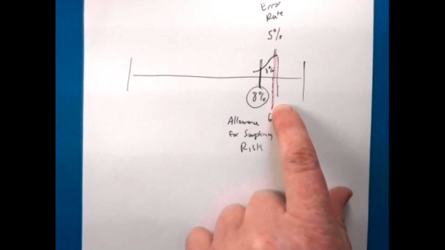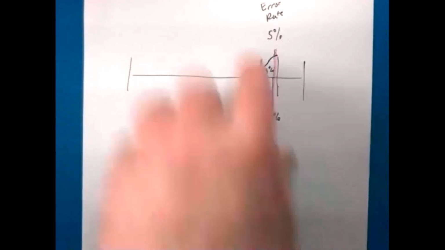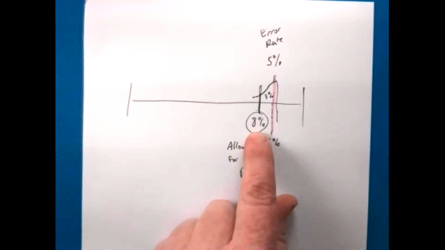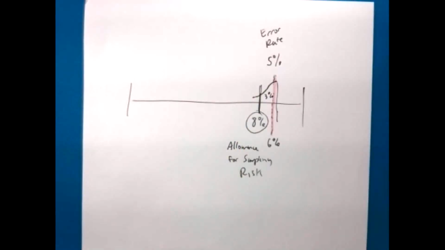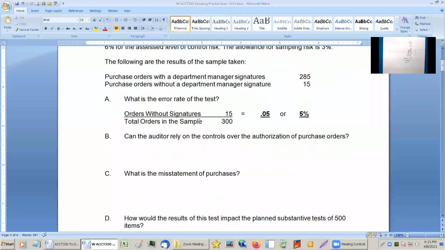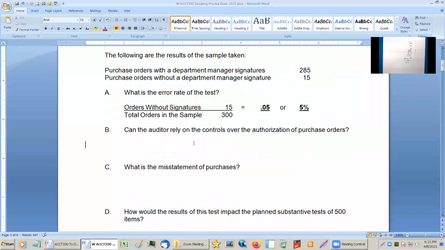But remember, this is a sample, so whatever the precision we're looking for is, this could be off by up to 8%. So what do you think? Are we going to rely on the controls over the authorization of the purchase orders? Yes or no?